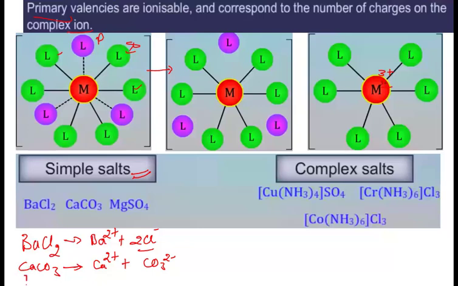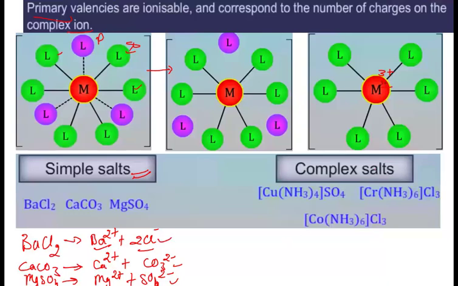In the same manner, MgSO4 will dissociate as Mg2+ plus SO4 2-, right? So the ionizable part is there. In case of simple salts, they get totally ionized. Simple cation and simple anion is formed.